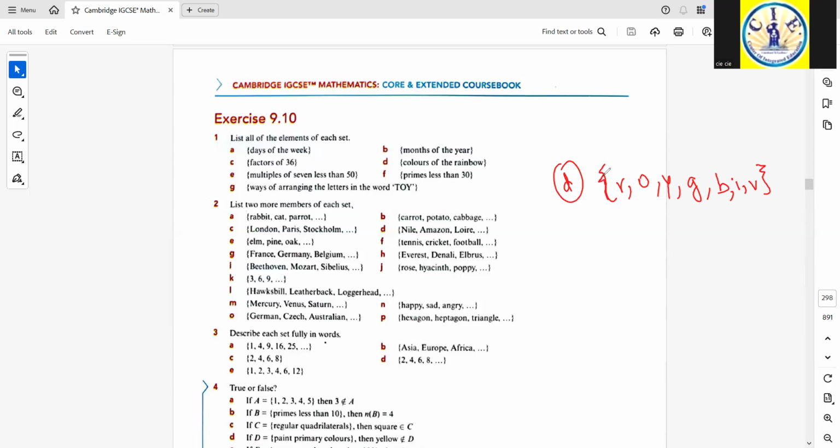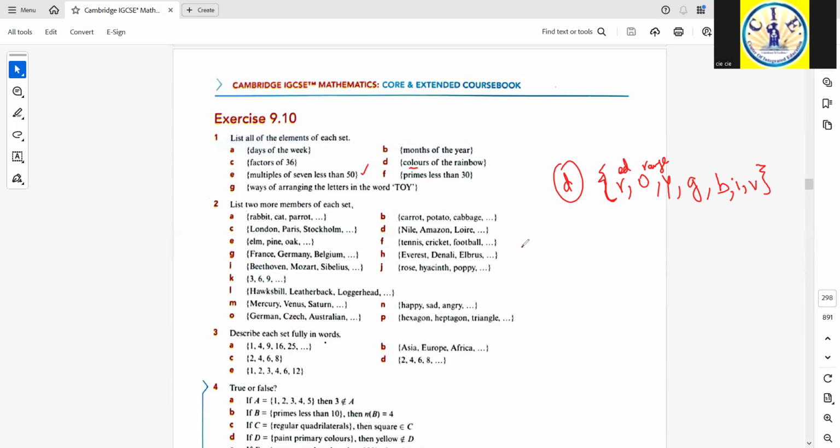Let me draw it precisely. I haven't written completely red, orange, and like that. We just need to write down the colors of the rainbow to represent the elements of this set.